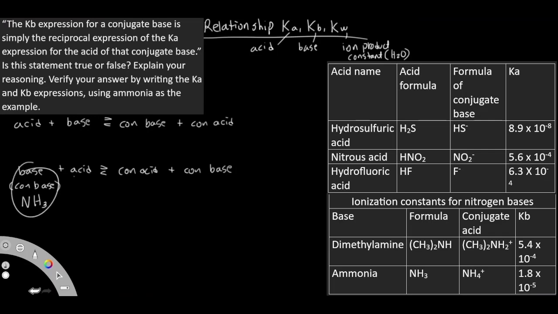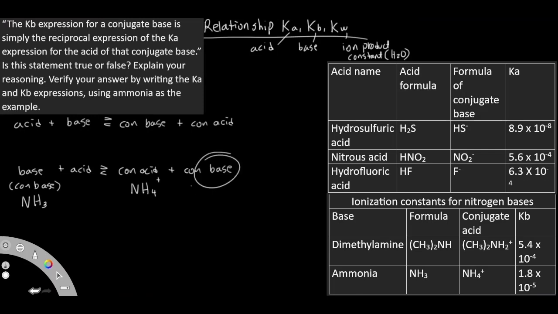Well, this ammonia is the base, so it has to receive that extra hydrogen. So the extra hydrogen goes onto this NH3, and it becomes our NH4. Remember, when it receives a hydrogen, what is formed is our conjugate acid. So that would be this one over here. We have an NH4, it's a little bit more positive, so we have that positive symbol up there.